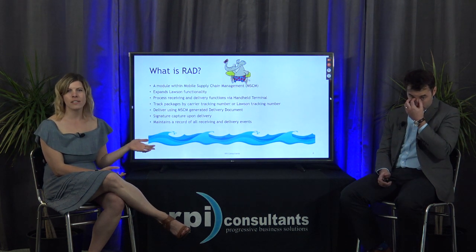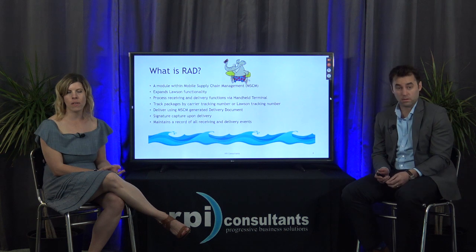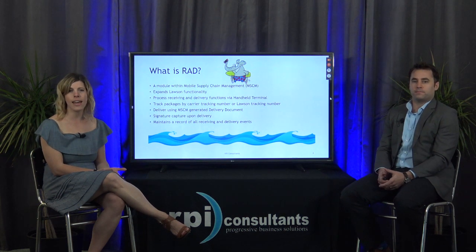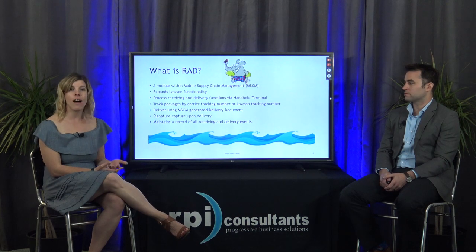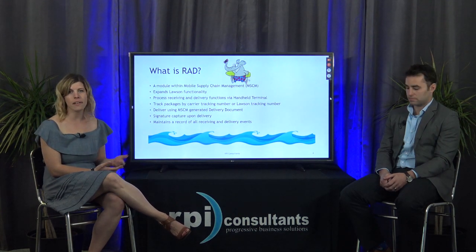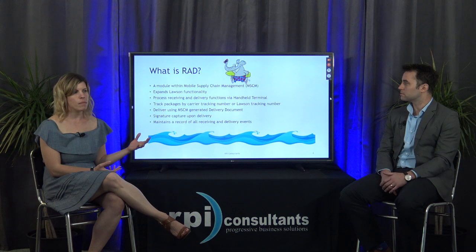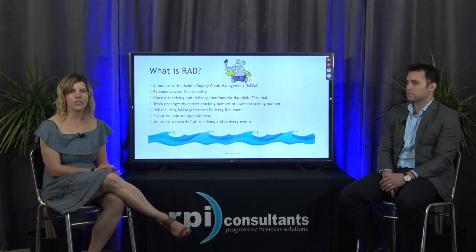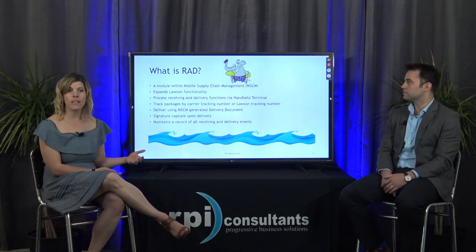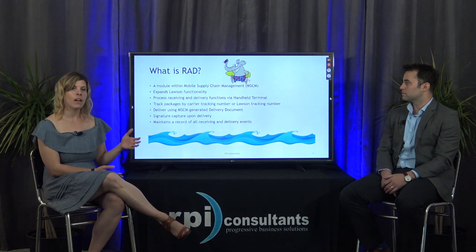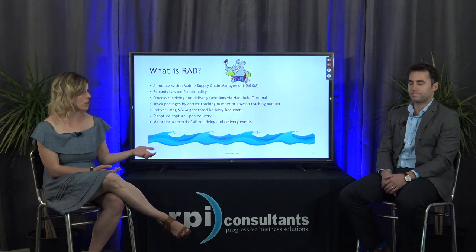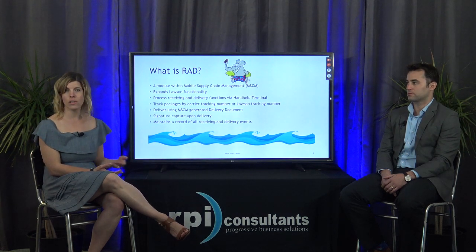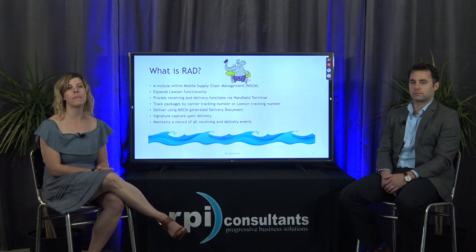So it's a module within mobile supply chain management. It basically just expands upon receiving functionality that you're using today in S3 and PO30. But now you're utilizing this handheld to make the process more efficient, right? It also allows you the ability to track the delivery of these packages, and not just for purchase orders that you have in the system, but also just miscellaneous products that come in.